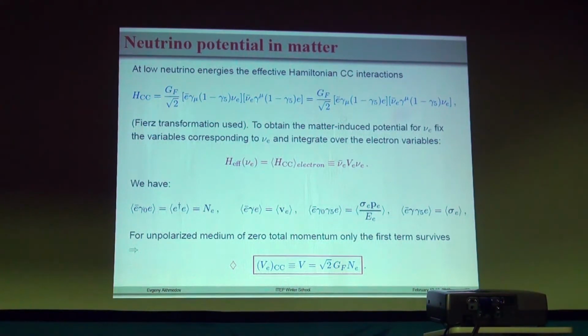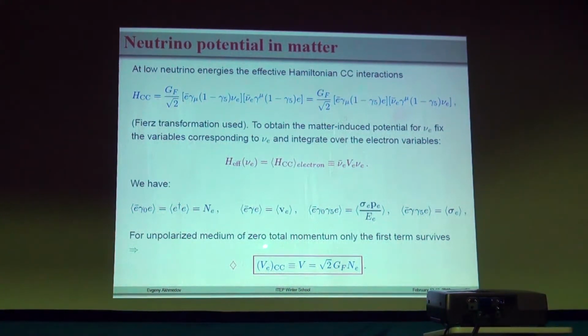And here we have different contributions coming from the vector current, axial current, for the electron, time component and spatial component of this current. Now, if we take the part which contains e bar gamma 0 e, this is just the same as e dagger e, and this gives us the density of states of electrons. When we average it over the state of the matter, it's just the number density of electrons, nothing else.